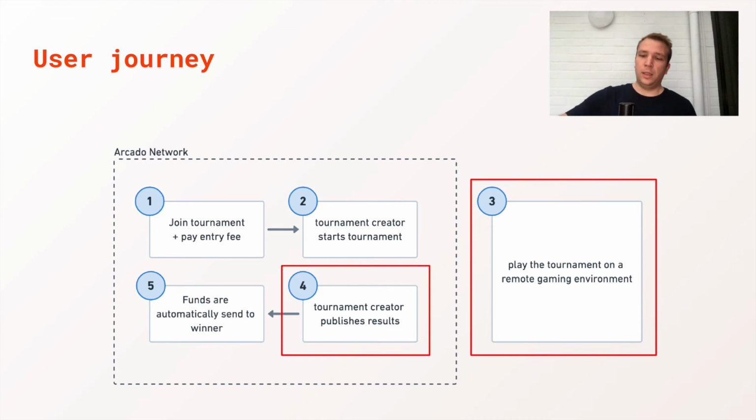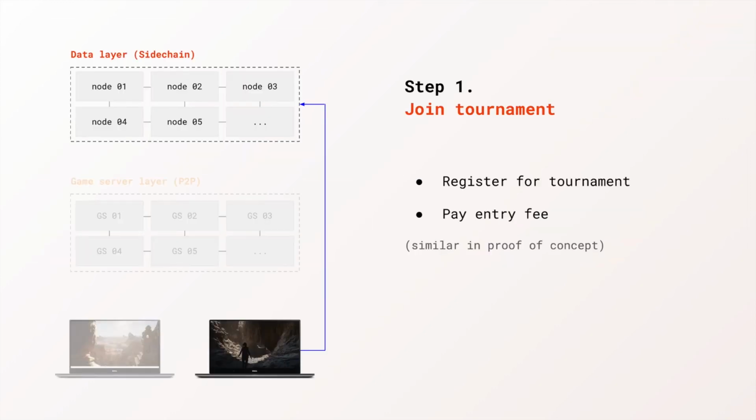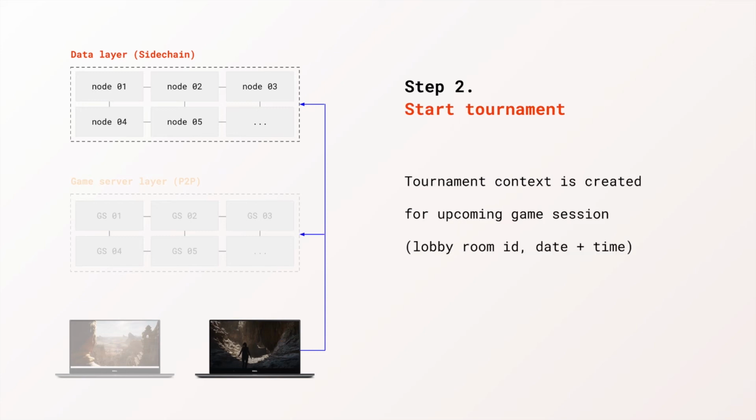Now, let's introduce our new endeavor, that is multiplayer networking. It's actually a layer 2 solution that renders multiplayer worlds where trust, scalability, and verification are the driving responsibilities. Let's not go too deep into theory, but let's look at our user journey in practice. So step 1, similar to our previous proof of concept, a user joins the tournament by registering and paying an entry fee.